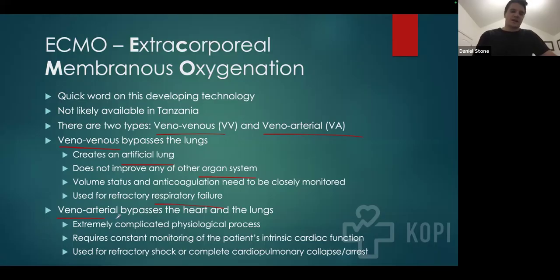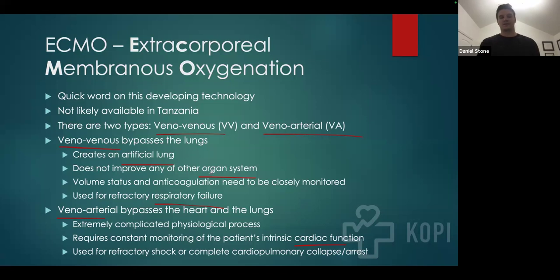When you talk about VA ECMO or veno-arterial ECMO, it's a very complicated circuit, but it usually requires basically full cardiopulmonary bypass. So you're both oxygenating the patient as well as supporting their cardiac function. Sorry, I say oxygenate, but also ventilate.